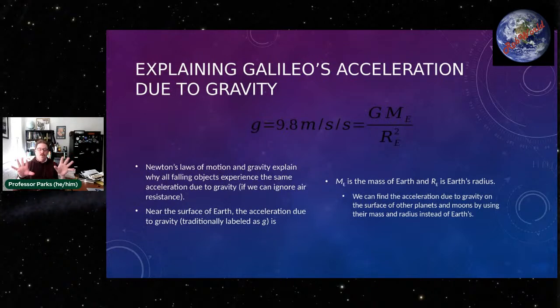So what we can do is you have ma on one side, and that's equal to G: the mass of the apple times the acceleration on that apple is equal to G times the mass of that apple times the mass of the Earth divided by the radius of the Earth squared. What you immediately find out is that the mass of the apple is on both sides of the equation. So they cancel each other out.